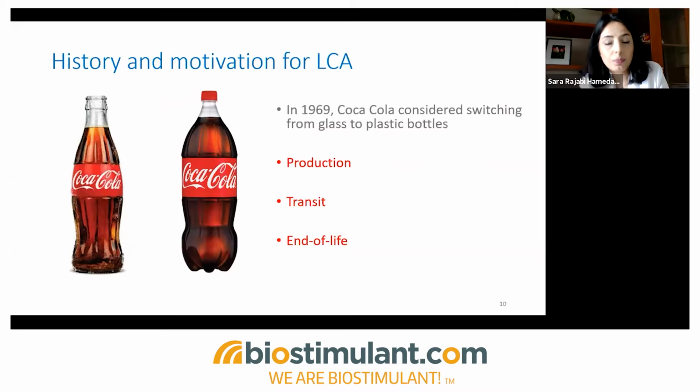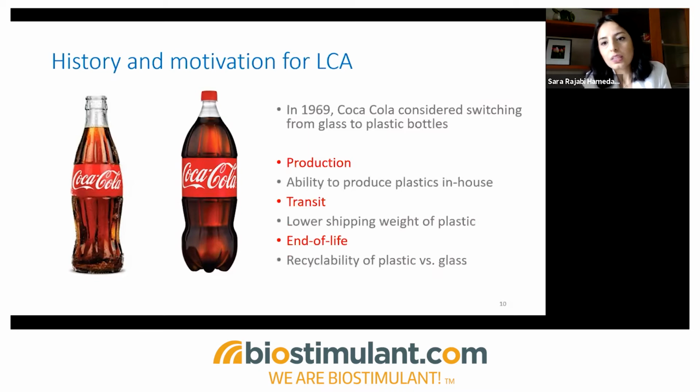They wanted to compare glass with plastic containers. 3 criteria were considered in this study: production, transit, and end of life. Results show that the plastic bottle was the best choice, contrary to the expectations.